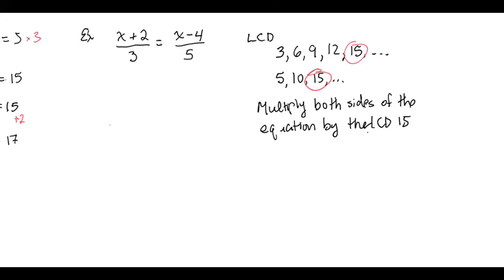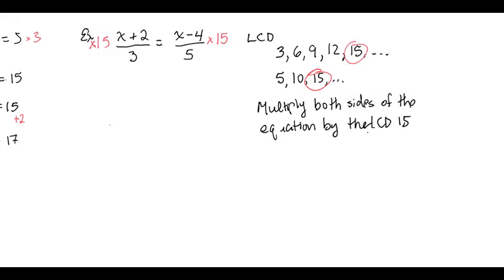So that's exactly what we're going to do. We're going to take the left side of the equation and multiply it by 15. We're going to take the right side of the equation and multiply it by 15. Again, I like using a different color here because it really highlights what you're trying to do and it doesn't confuse. If you use all black or all pencil, it kind of blends in, right?